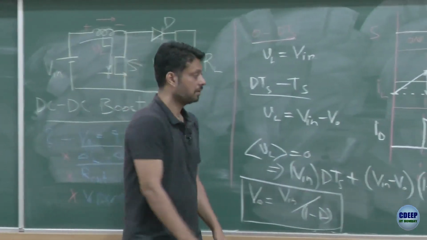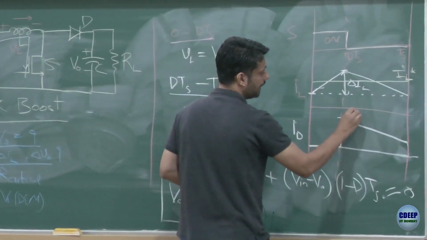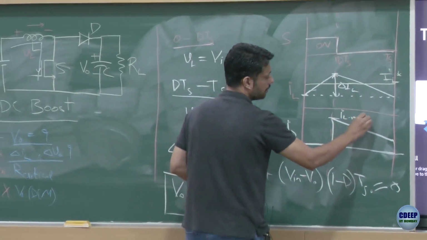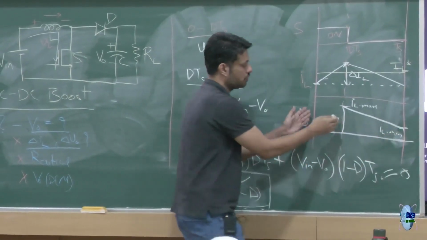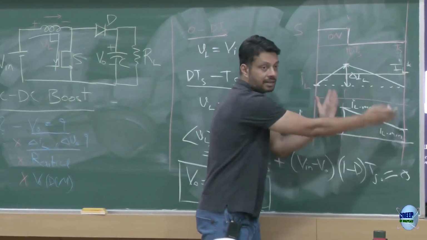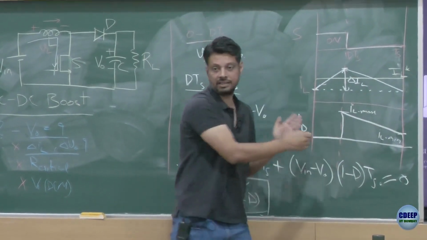Is that fine? Where this is the IL max, this is the IL min, and this current is exactly the same as the inductor current, and here there is no current in the diode.